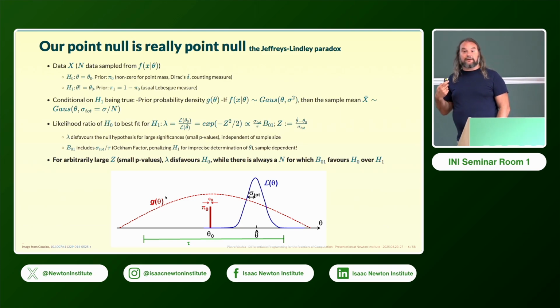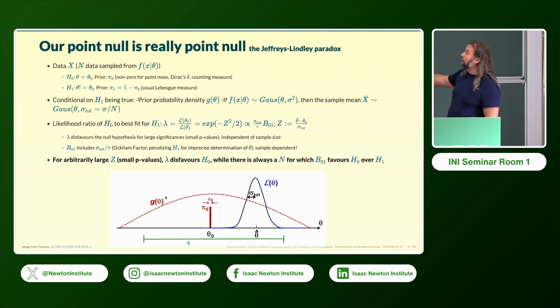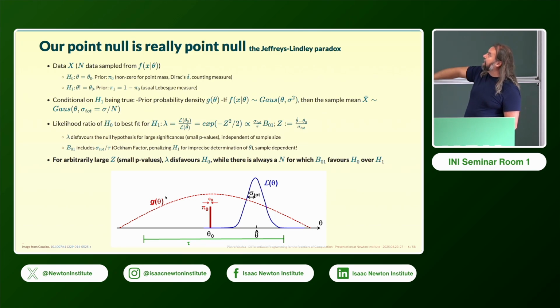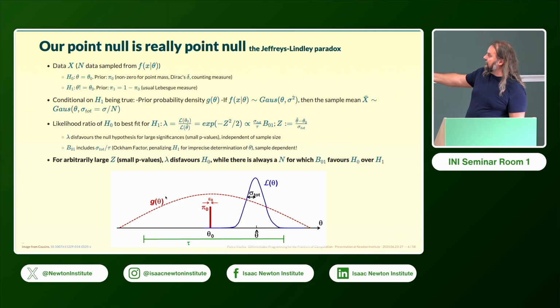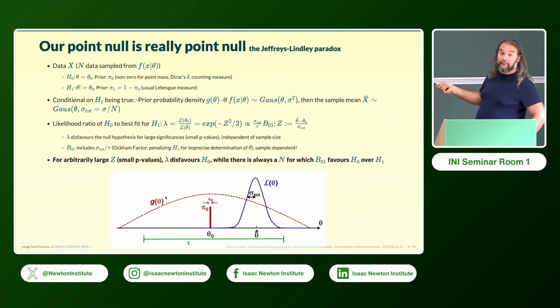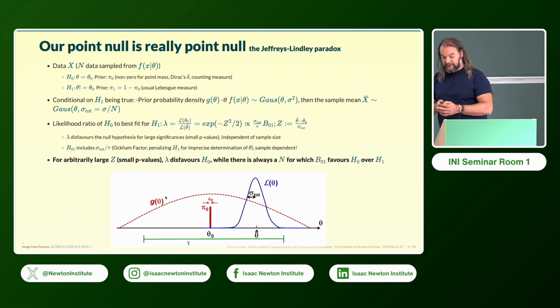That's also the reason why we typically use frequentist inference. Because, as you know, the Jeffreys-Lindley paradox says that when you have a true point null hypothesis, and your alternative hypothesis has a wide prior, and your likelihood has a scale that is different from that of the alternative and from the point, then if you use Bayes factors, there is always a certain amount of data that will make you flip the decision with respect to frequentist inference.